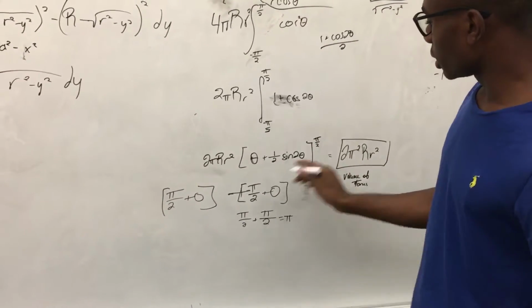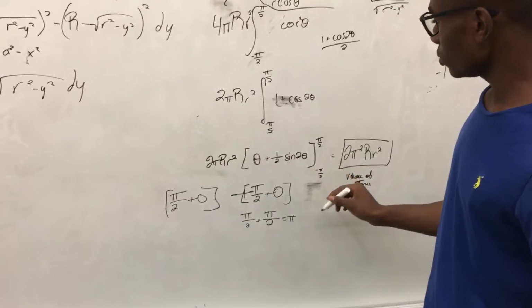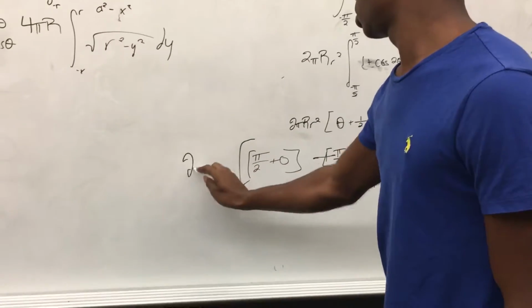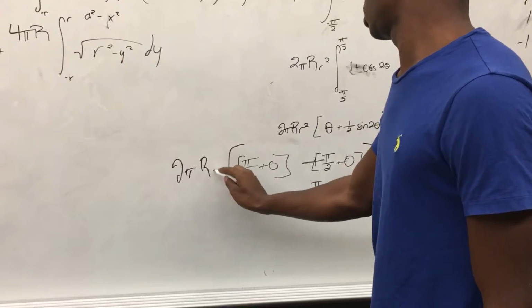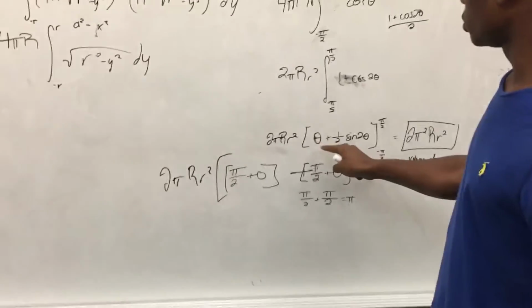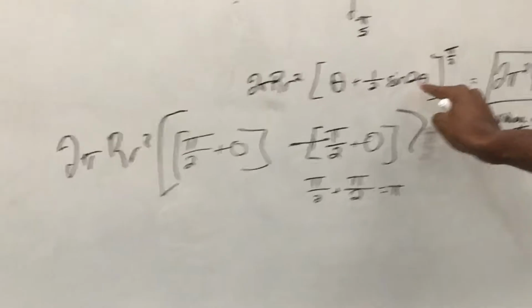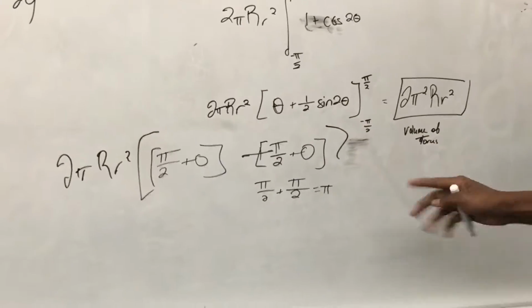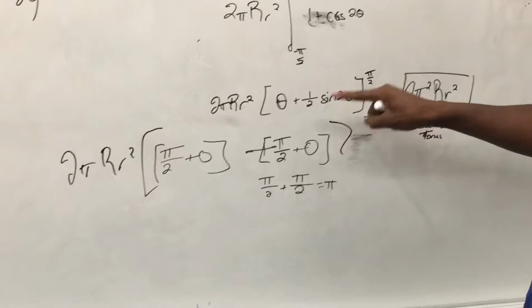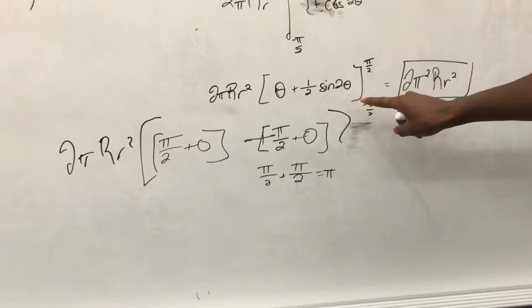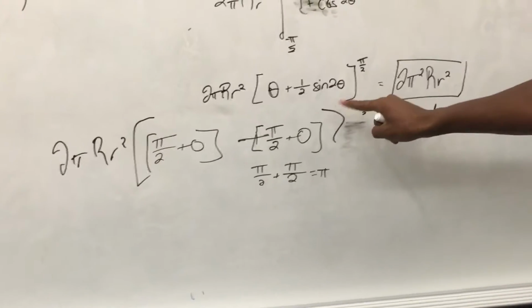And so you plug in positive pi over 2, and sine of 2 times pi over 2, this becomes pi and then it's 0.